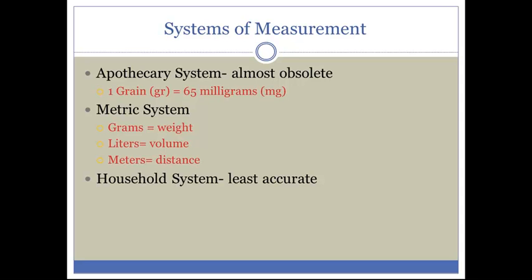And then we also have the household system. Sometimes we use this for cough syrups and such. It is the least accurate out of all the dosing and calculations. However, it is still used for, like I said, cough medicines and those sorts of medications.